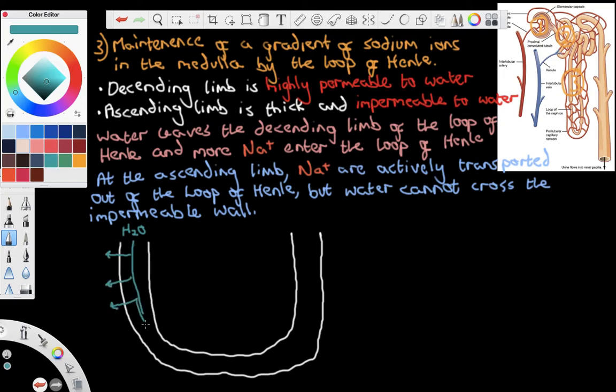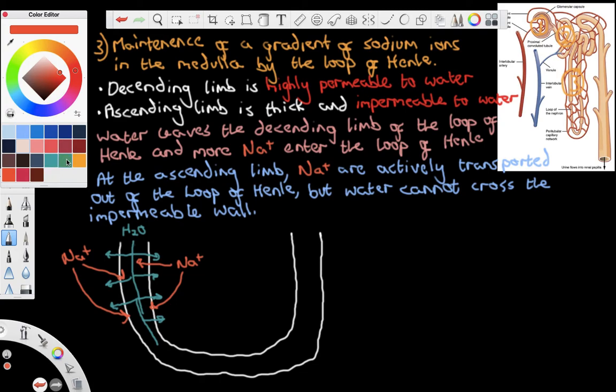So water is able to leave down its concentration gradient, or from a more dilute area to a more concentrated area. At the same time, sodium ions are pumped into the descending limb. Okay? So in the descending limb, we get these sodium ions being actively transported into the loop of Henle.